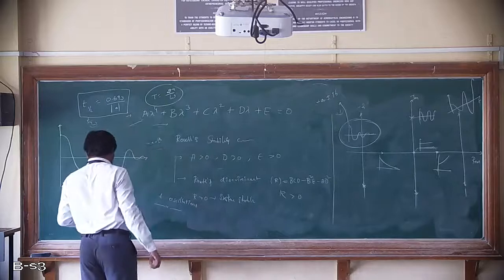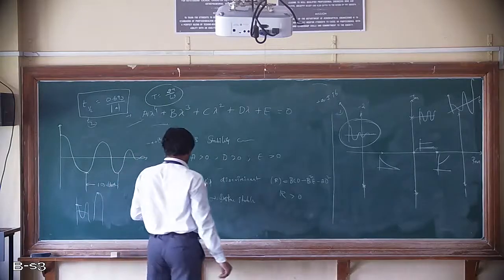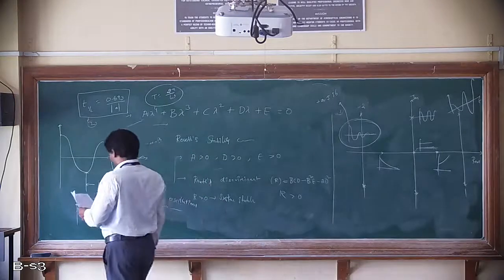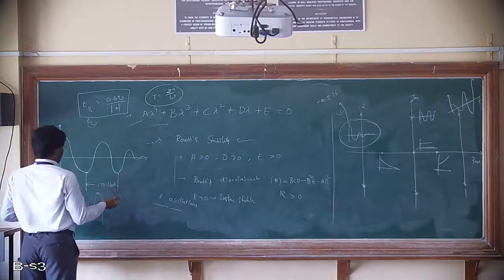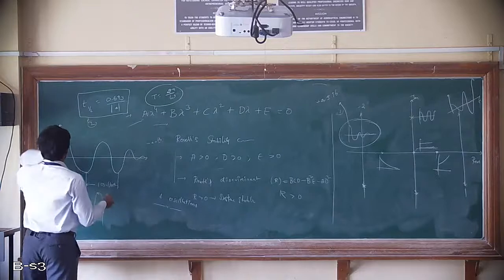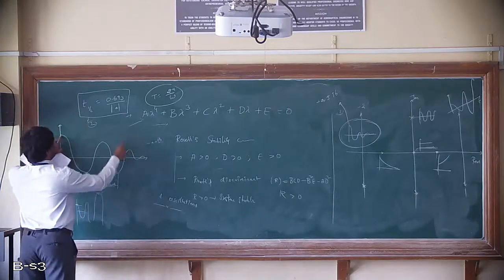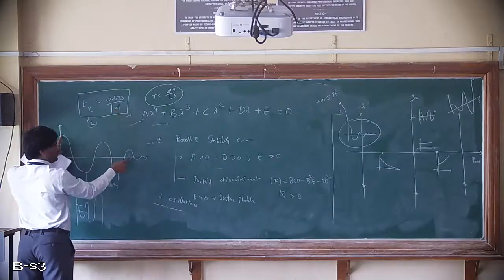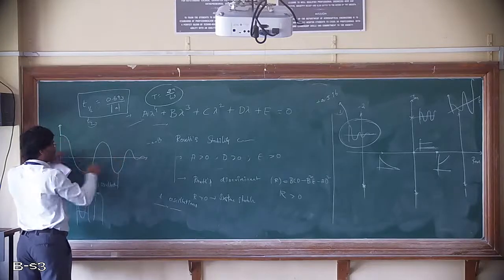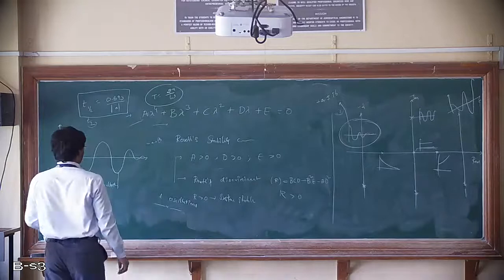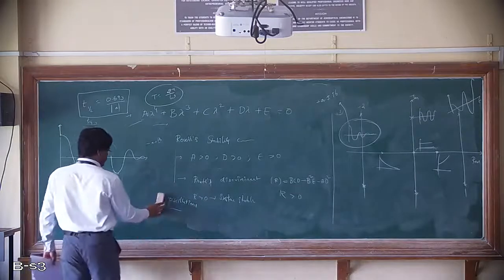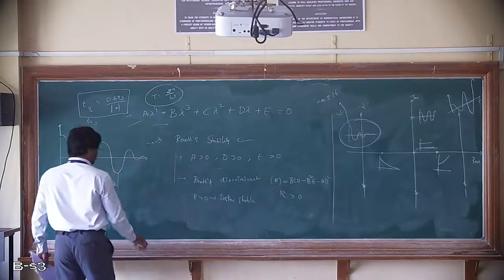Yes. Next one is how many cycles it will take. For example, say it takes some time to halve the disturbance. So how many cycles will it take to halve the disturbance?